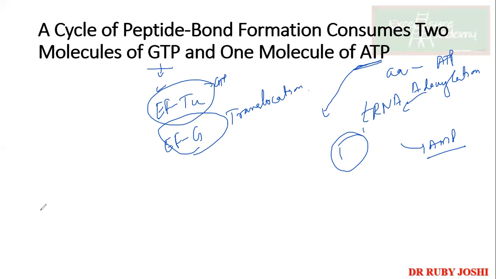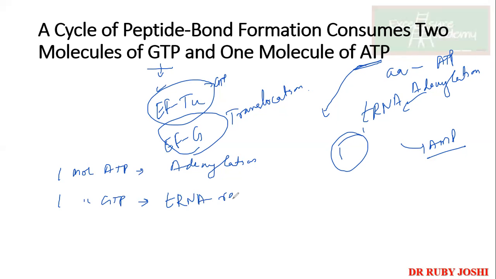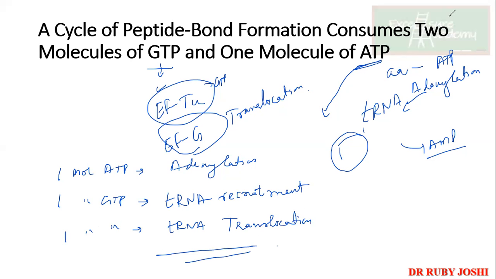So in short, one molecule of ATP is used for adenylation, one molecule of GTP is used for tRNA recruitment, and one molecule of GTP is for your tRNA translocation. Okay, correct, good attempt.